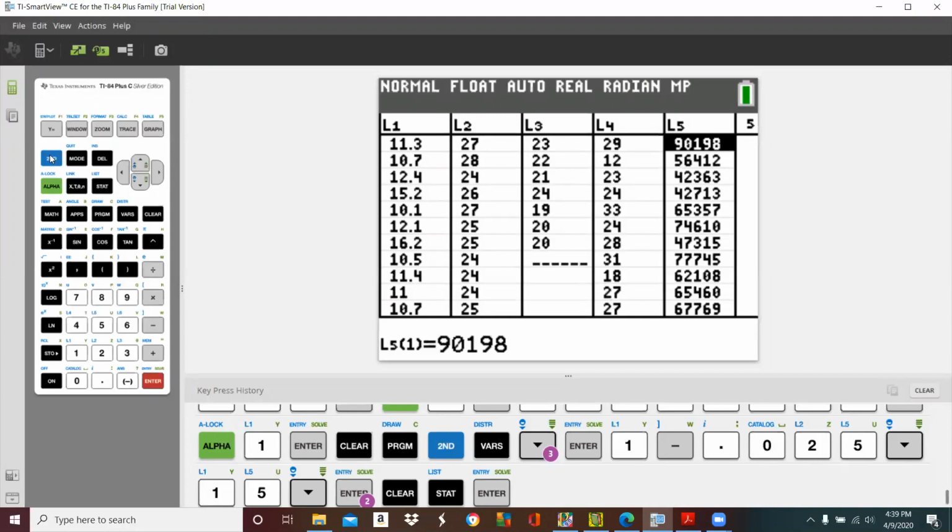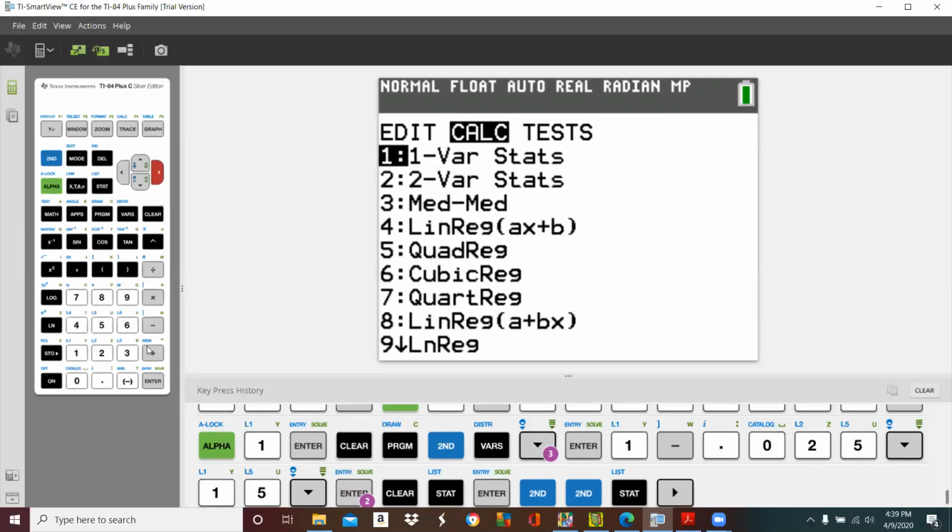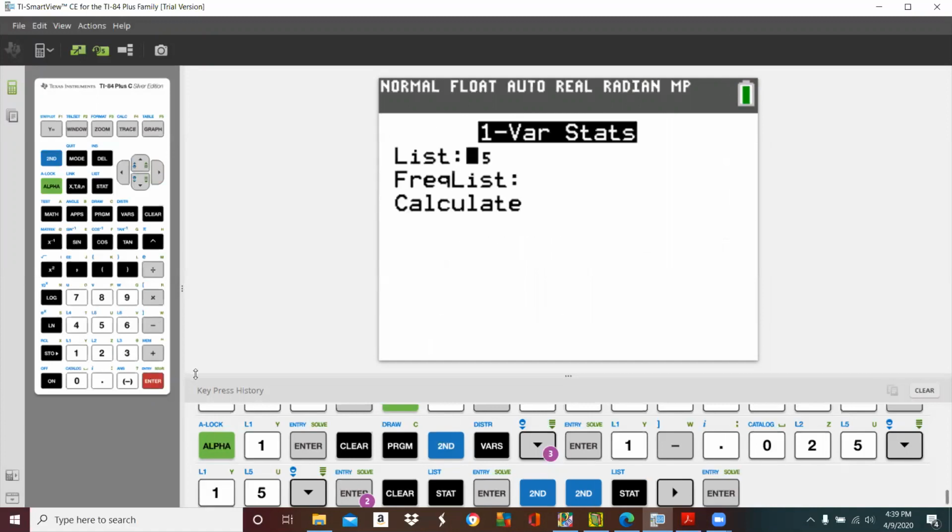So to find the mean, we hit stat. Sorry about that. We scroll over to calc, hit enter. We go to one variable statistics. We're going to type in L4 because that's where my numbers are. And we scroll down, hit enter.